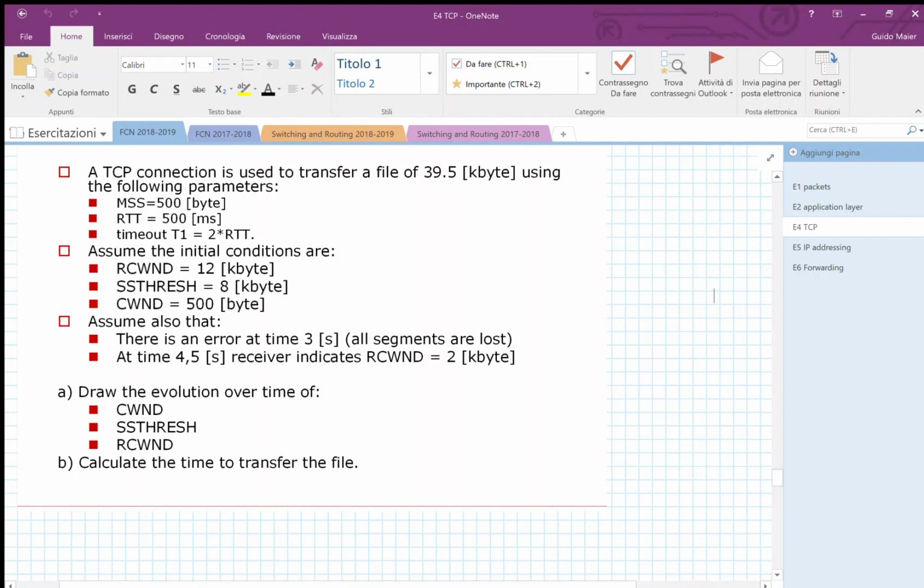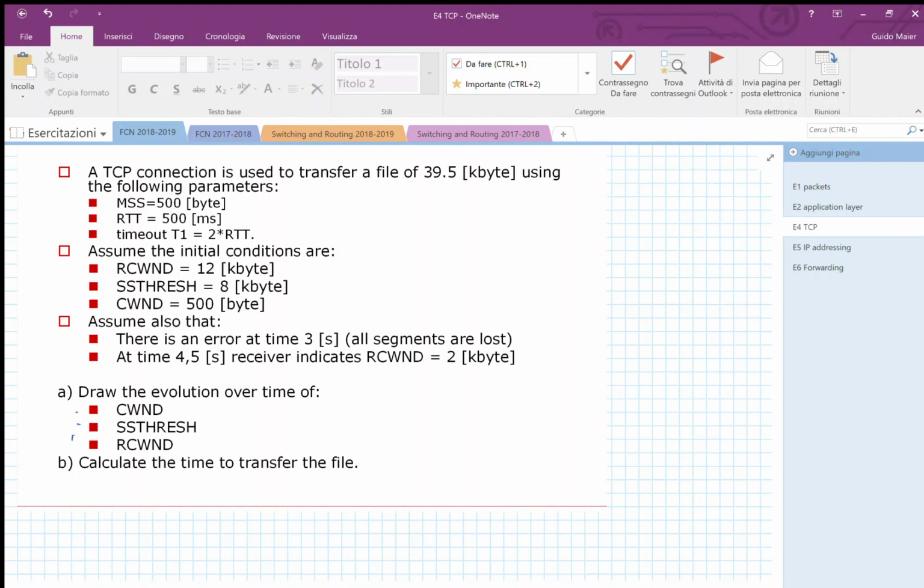And then on this graph you can plot the behavior of these three variables: congestion window, slow start threshold, and receive window. Okay, since you have a y-axis which is in terms of maximum segment sizes, you can normalize each of these quantities in maximum segment size.